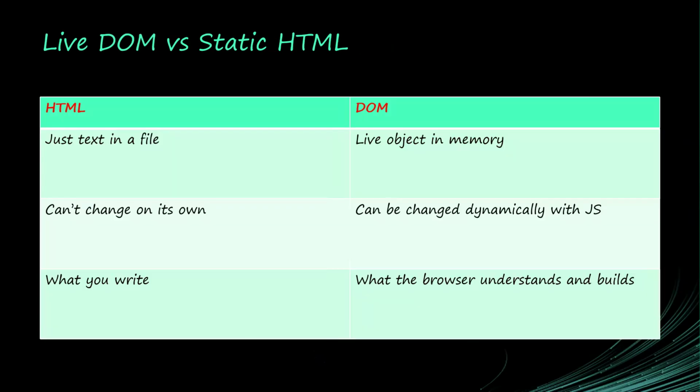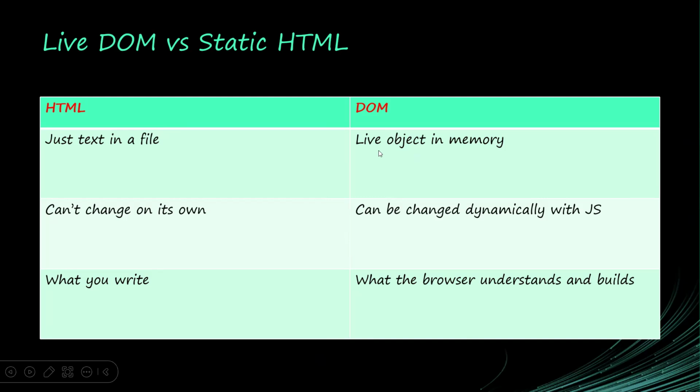So what are the differences between the live DOM and the static HTML? Remember, it is your HTML that the browser converted to the DOM. The HTML is the blueprint, the DOM is the house, while the browser is the builder. The HTML is just a file, very static. It doesn't do anything on its own. The browser will just load it and the user will see it.